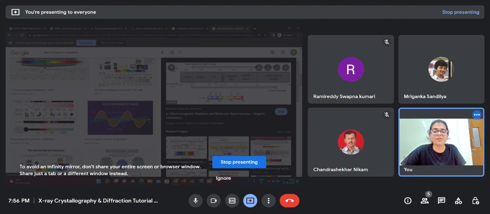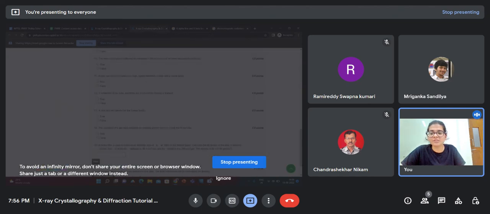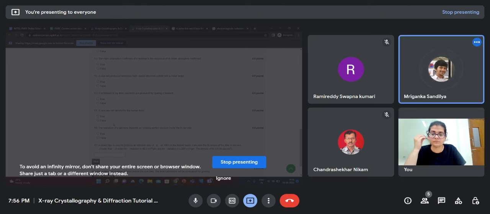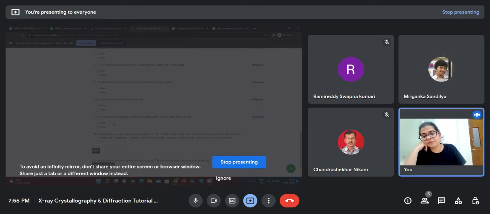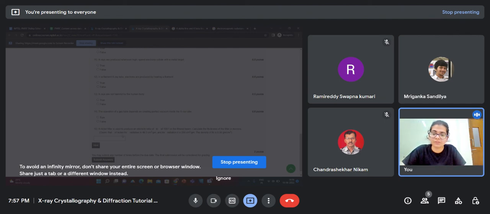So UV is also harmful, but more than UV, X-rays are harmful and gamma rays are very harmful for the human body. According to this question, they are saying X-rays are not harmful for the human body. Is this statement true or false? False. Okay, so question 14 we will do, and 15 is a numerical, so you will do that.